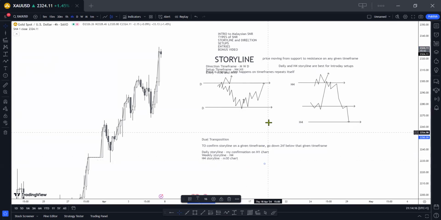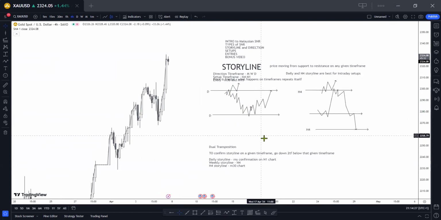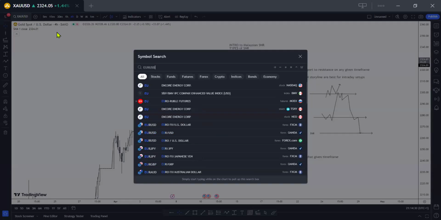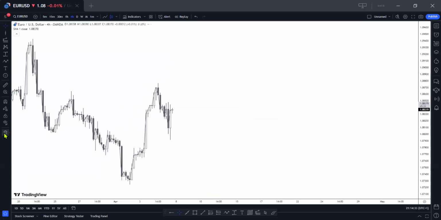So when we have daily support, confirm on H1, and then you will ride the trend to daily resistance. Let's see an example. Let's use EU. The reason for EU is that EU is beginner friendly.